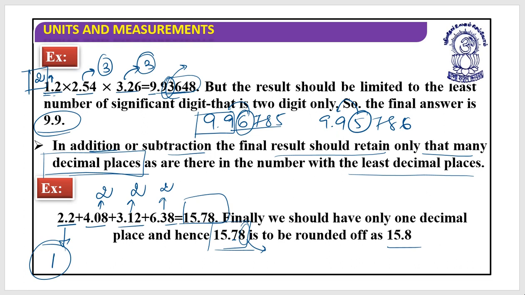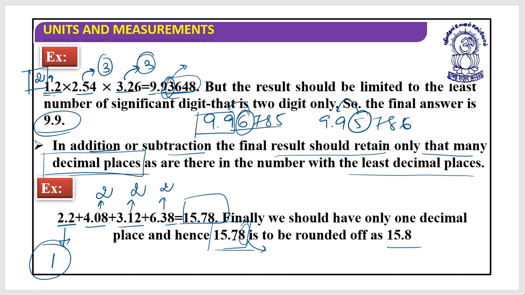So let's say three numbers are there. One has 3 digits after the decimal, a second has 5 digits after the decimal, while the third has only one digit after the decimal. So my answer should have only one digit after the decimal. Is it clear? Yes.